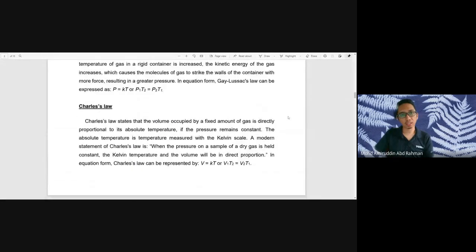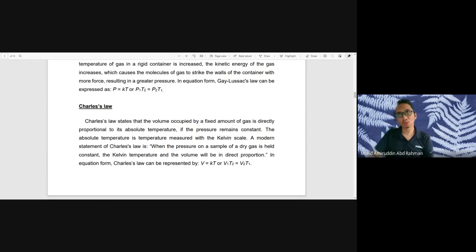And lastly, we also use Charles' law. Charles' law states that the volume occupied by a fixed amount of gas is directly proportional to its absolute temperature if the pressure remains constant. What's the difference from the other two?